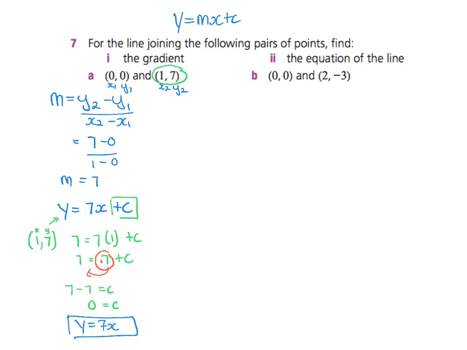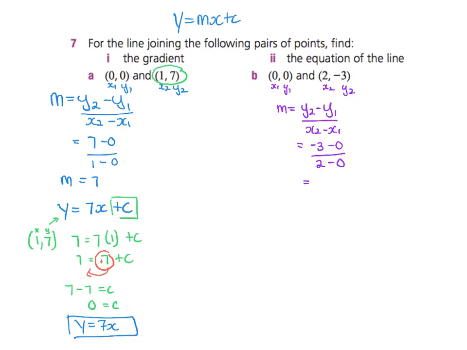So we know that one's plus 0. Okay, now if we go and find this one for the next question, I'll just change colour so you can see. So I'm going to call it x1, y1, x2, y2. First we'll find the gradient, which is y2 minus y1 over x2 minus x1. So we have negative 3 minus 0 over 2 minus 0.